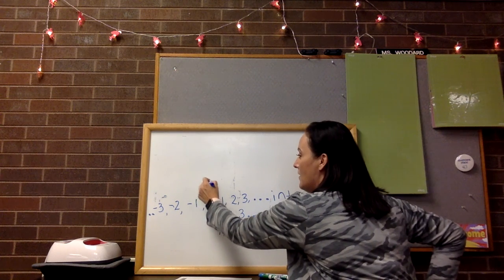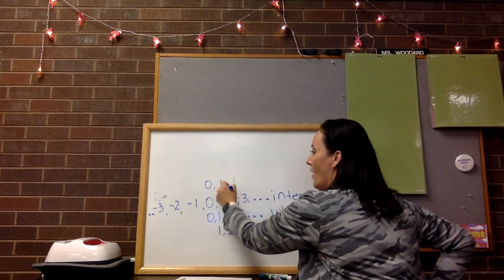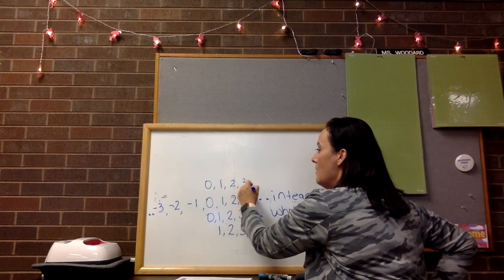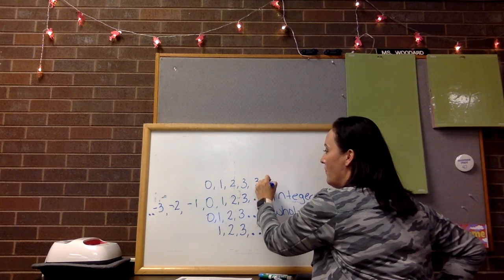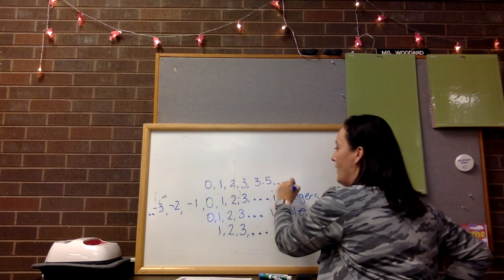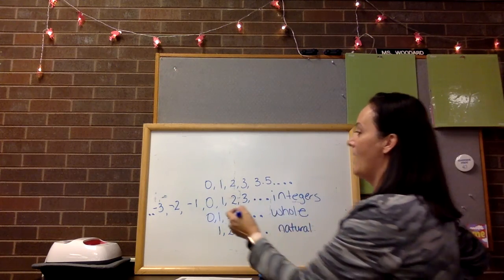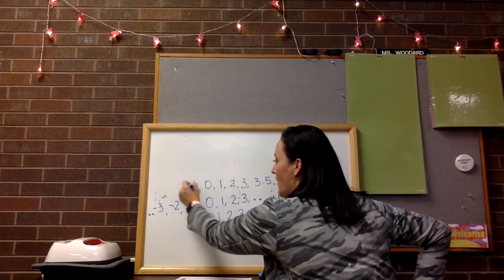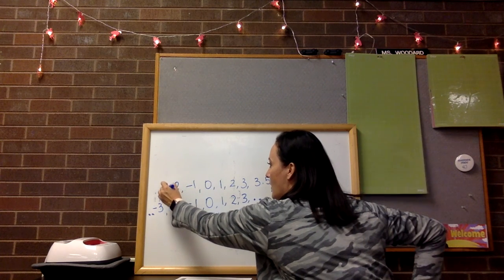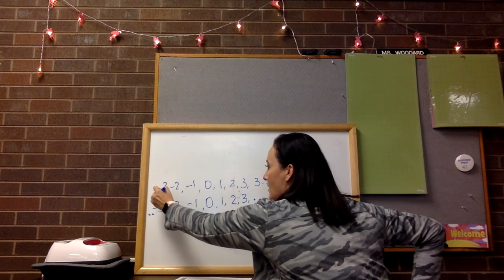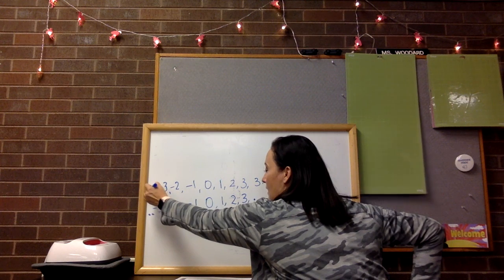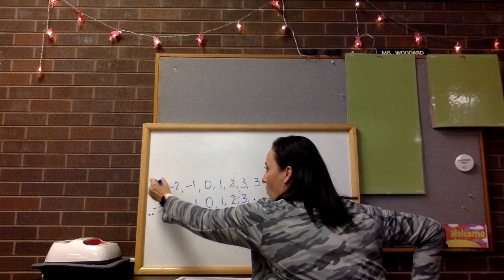So we have everything that's in the integer list, the 1, the 2, the 3, but we may also have in here 3.5, 4.5, 6.5, 7.25. We also may have on the other side negative numbers. We would have our -1 or -2 or -3, but we may also have negative 4.2.